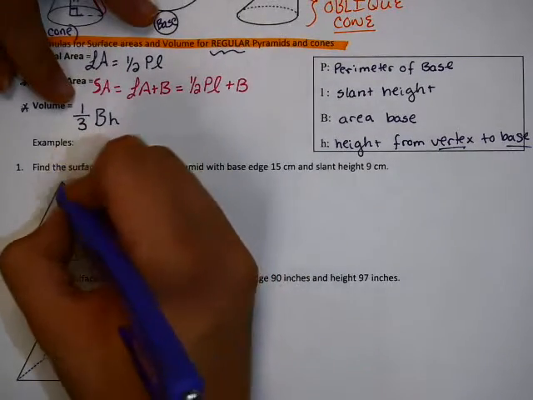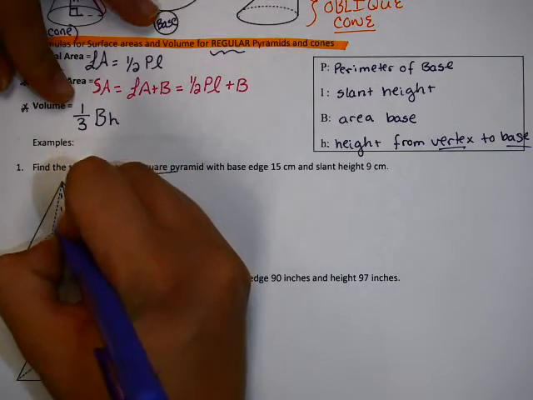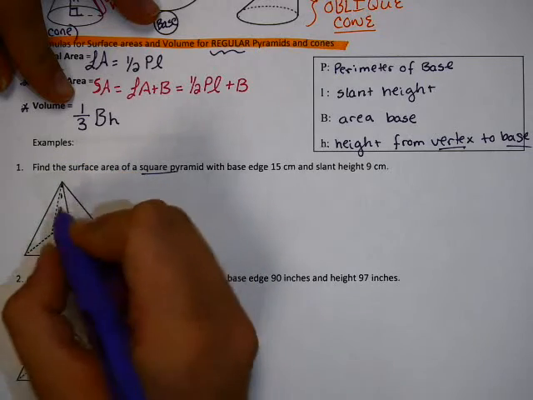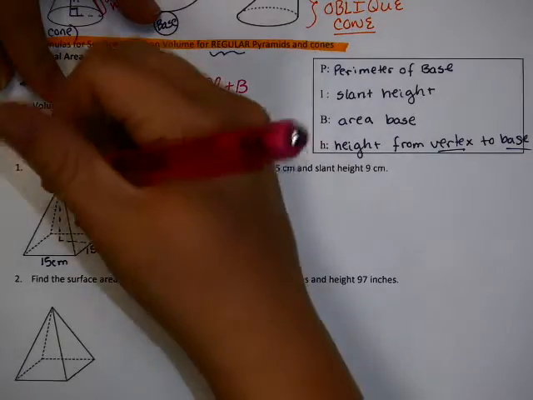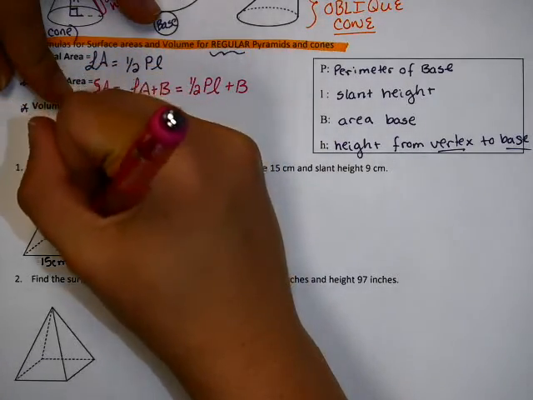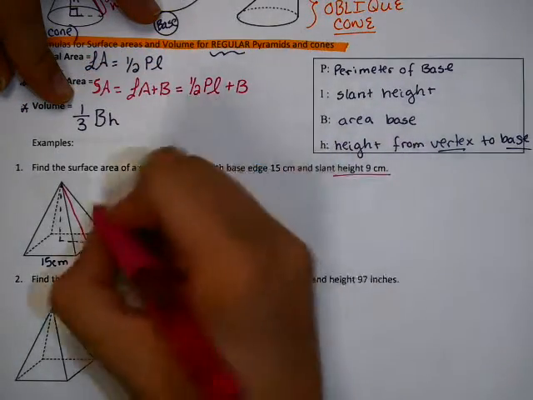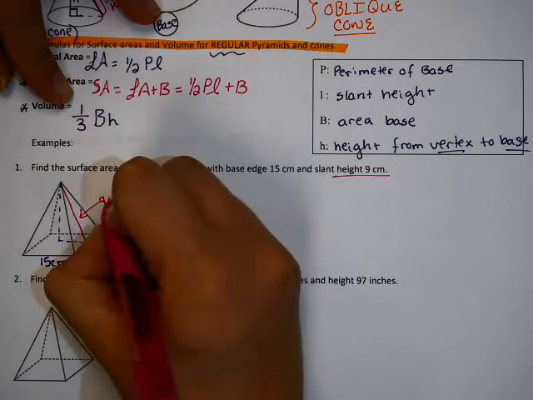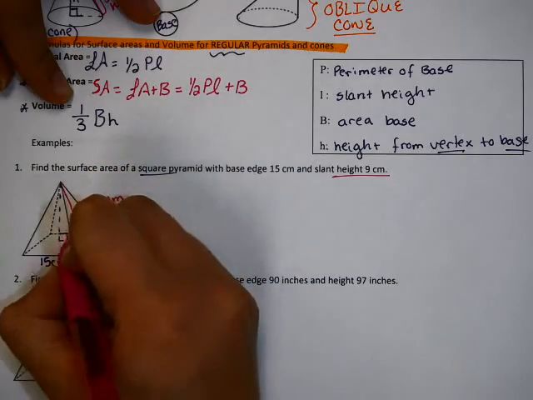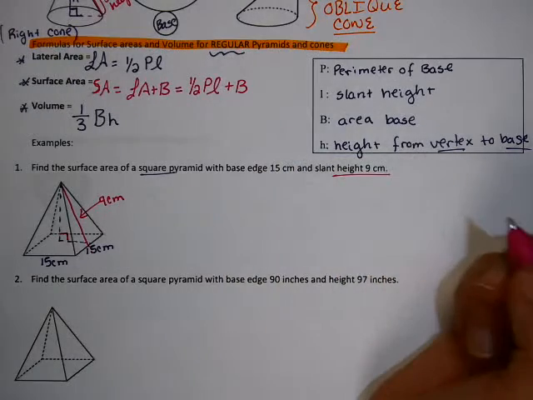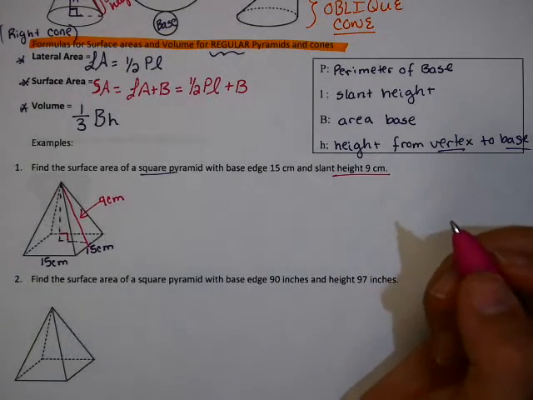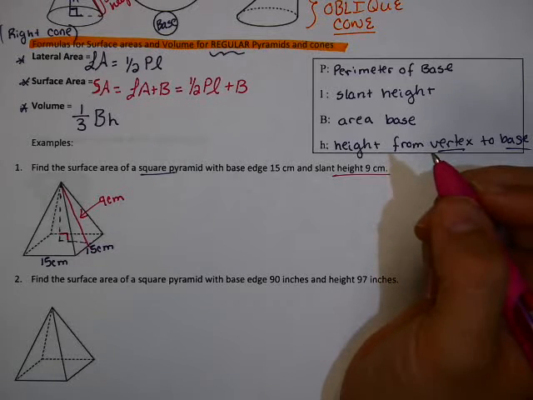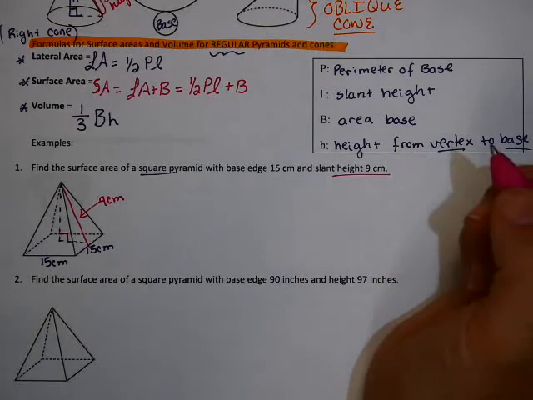All right, and I'm going to draw in a dotted line for the height, and then drawing the slant height here, because it gives me the slant height as 9 centimeters. And we're actually going to have to find the height of our square pyramid.